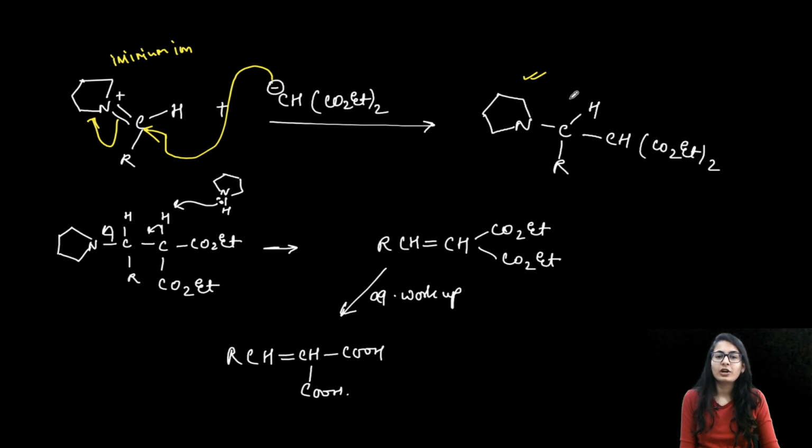There is a single bond between carbon and nitrogen over here. The active methylene group has got attached to this carbon, and what further reaction are you expecting? See, we also have an alpha proton over here. This alpha proton is also very acidic because it is a methine proton, and it is connected to two electron withdrawing ester groups.